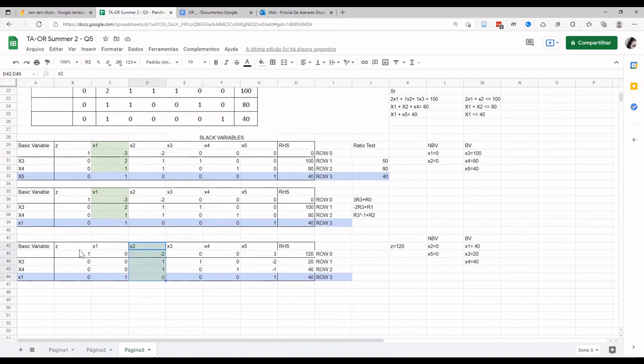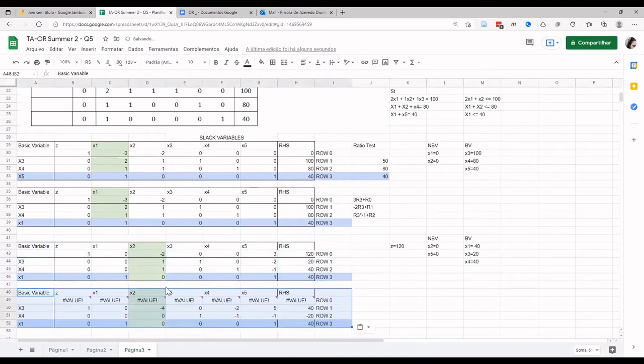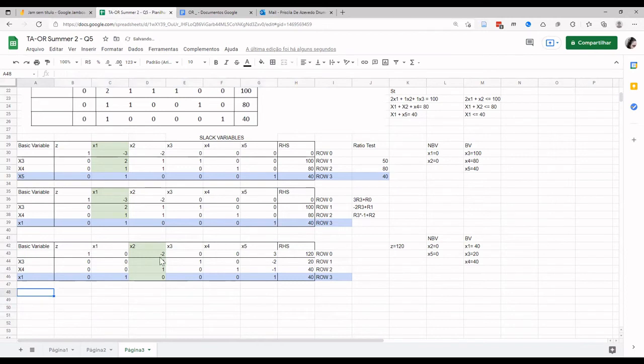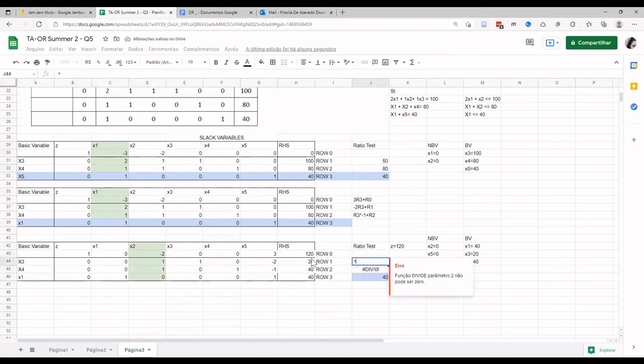We are going to try now to increase the objective function by inserting x2 into the basis, but now I have to know which variable in the basis I will be able to take off. And for that, we have to do the ratio test again. The ratio test is the new right-hand side divided by the value that we found in the pivot column.